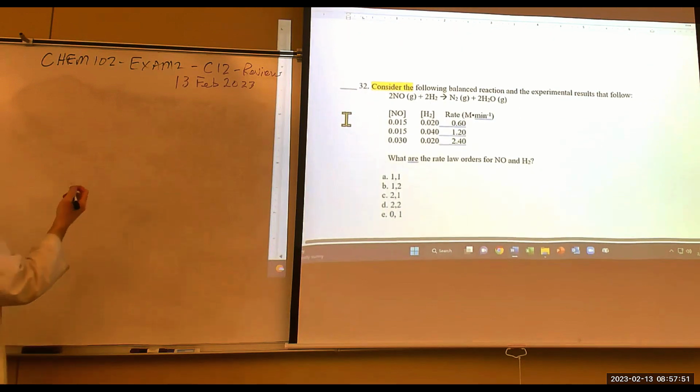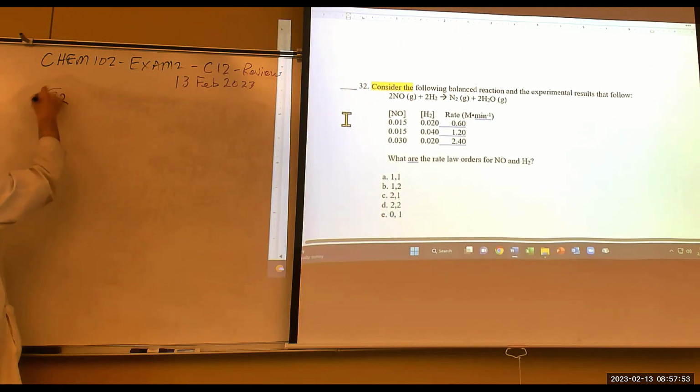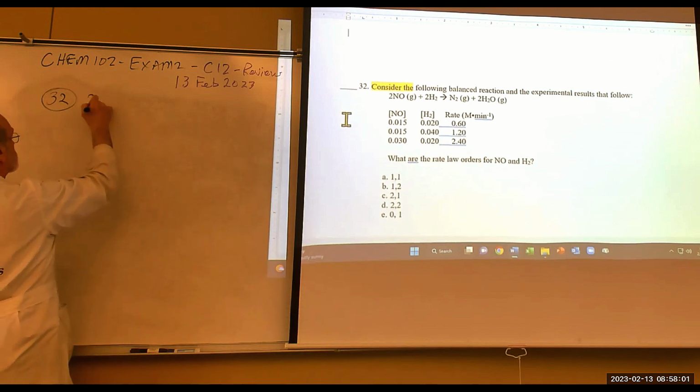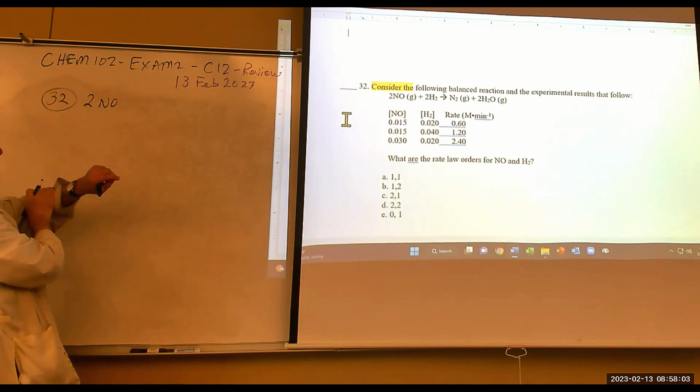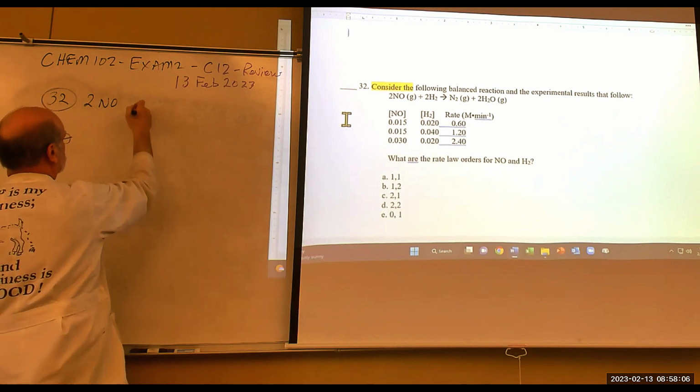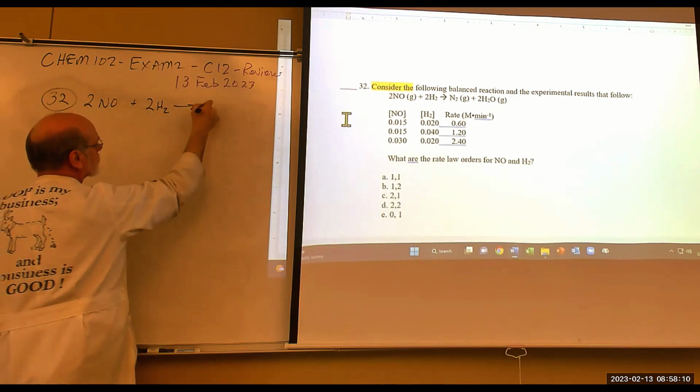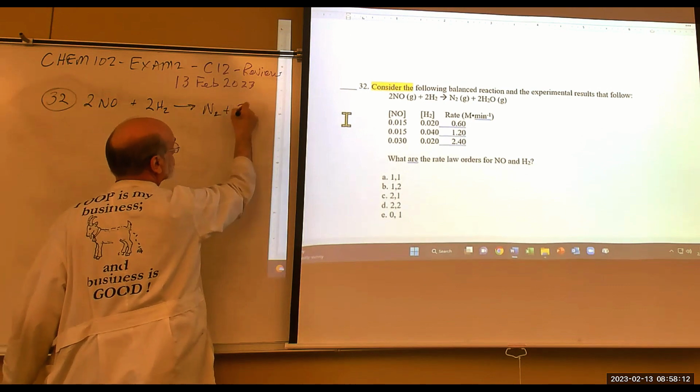Let's see, 32. Consider the following balanced reaction and the experimental results that follow. So this is 2NO plus 2H2 yields N2 plus 2H2O.